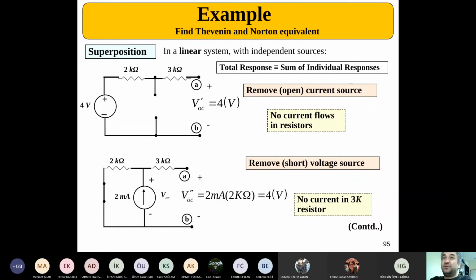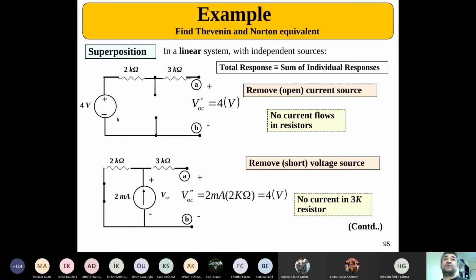That is, put short circuits for the remaining voltage sources, and open circuits for the remaining current sources. For each source, repeat the same procedure and calculate using nodal analysis or whichever you want. Calculate the voltage value or the current value you're looking for, and at the end, just sum them up.